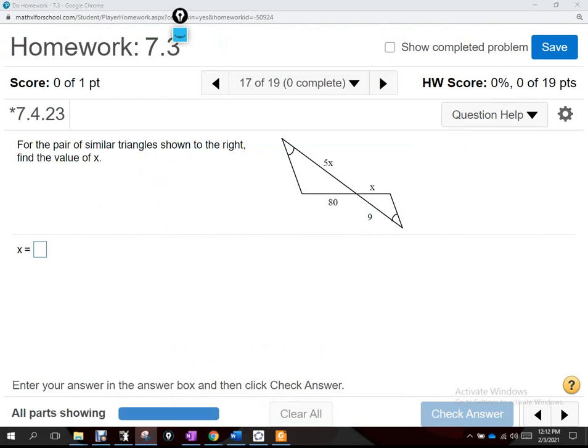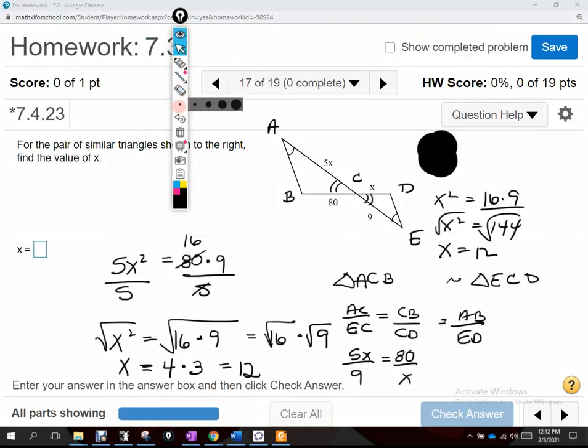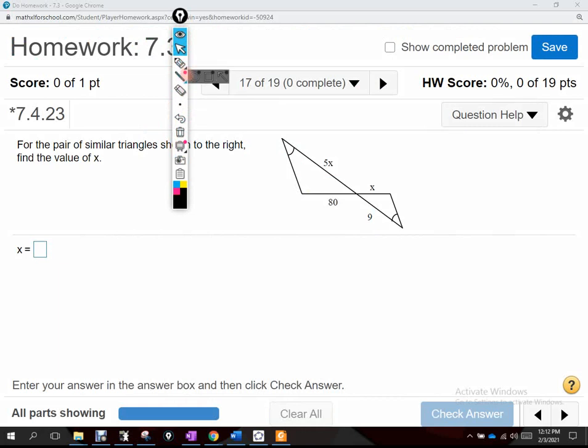So if I were to come across a problem, maybe we had 5x squared is equal to 80 times 9. Let's say this 80 was actually just 40.